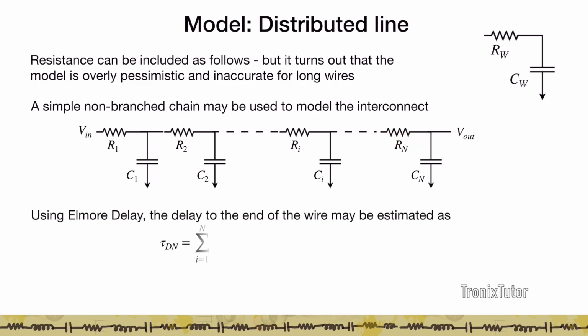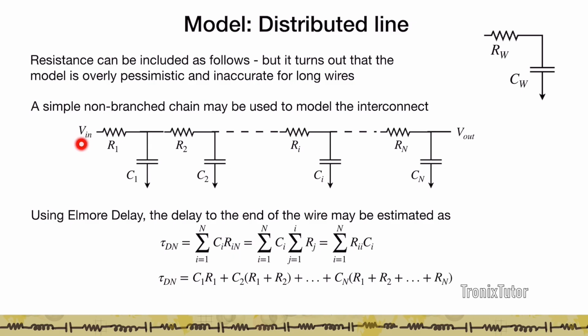So if I use Elmore delay to calculate the delay between V in and V out, then essentially my Elmore delay can be given as the sum from i equals 1 to n of Ci times Rii. And so at every node i, the effective resistance to Ci is just the sum of all the resistors up to that particular node, because here you have a very simple RC tree with no branching whatsoever.